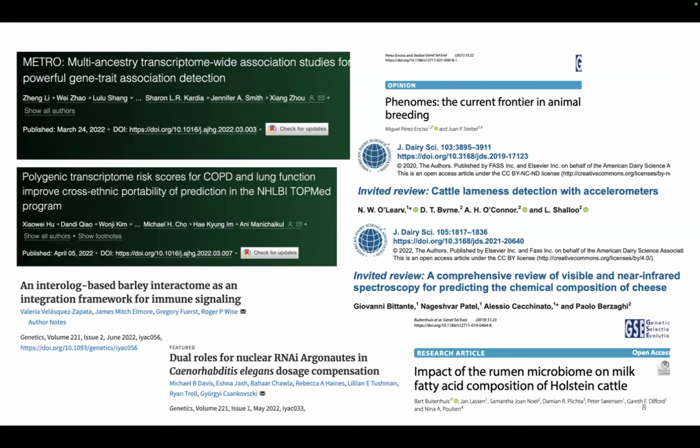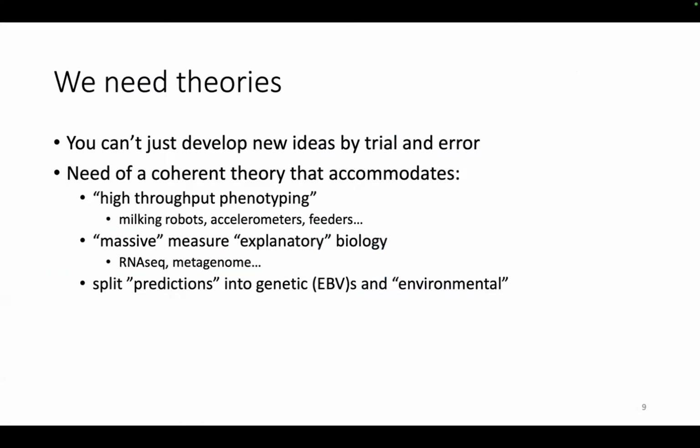And on the right, you have papers saying, okay, we did so many measurements in so many animals, and we try to make sense of this. After you read these papers, you have a feeling that people are trying things. You cannot really develop new ideas just by trial and error, or let's try this with this data set, let's try that with that data set. The results depend too much on the data set that we have.